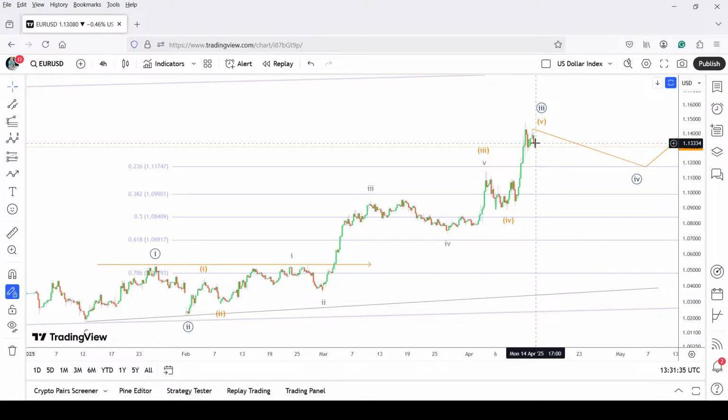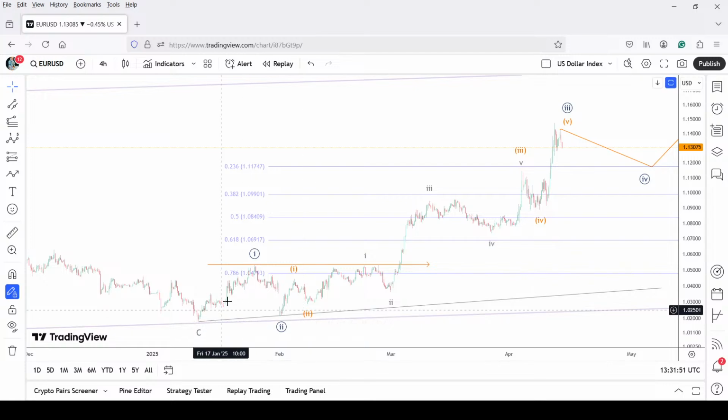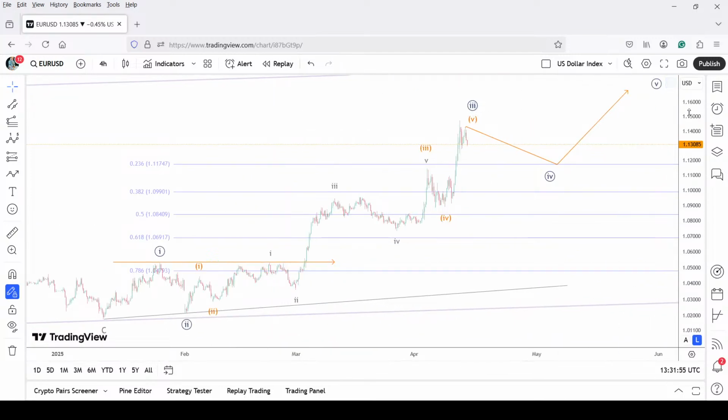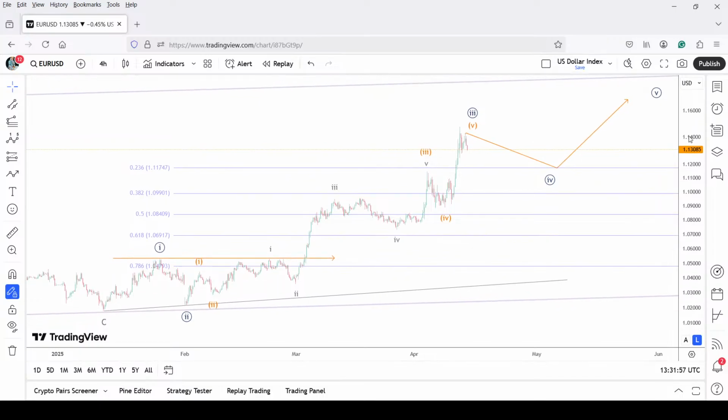Now let's discuss the wave structure point of view. Euro has completed minute degree wave 1. I can zoom out a bit, just to bring the entire chart into view.